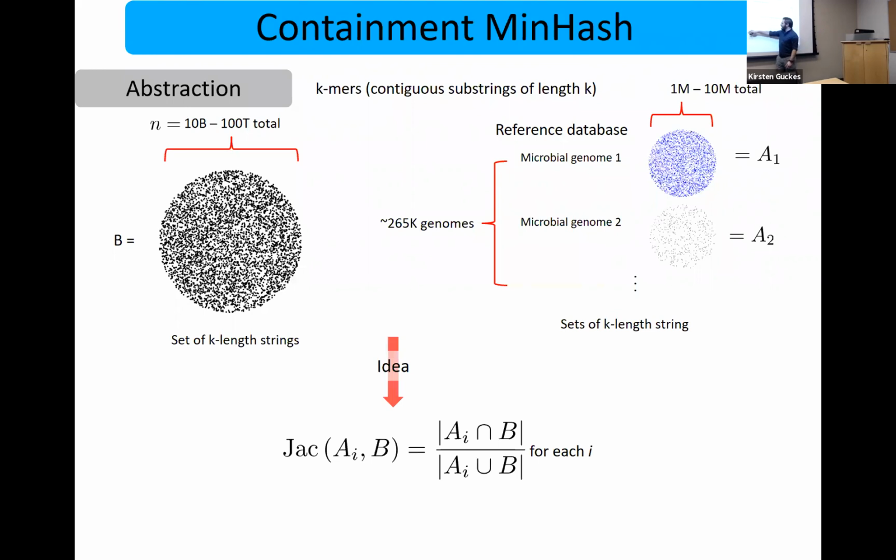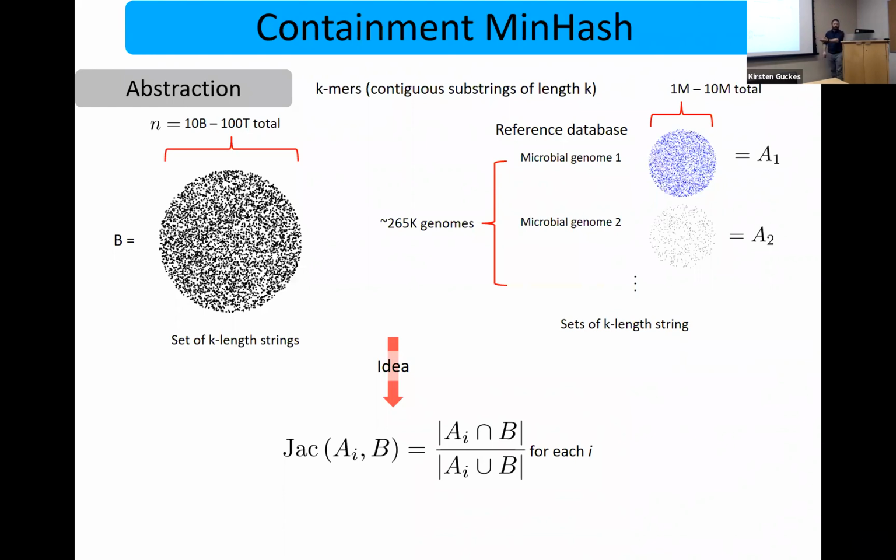Jaccard index is the size of the overlap over the size of the union. It returns a number between 0 and 1, indicating how much this big set overlaps with this one. Then I could also do it for how much this set overlaps with that one. If the Jaccard index is 1, that means these are completely identical, and you don't have a metagenome, you have just a single genome in your sample. If it's 0, that means they share no k-mers in common, therefore it's highly likely that this microbial genome is not represented in your reads.